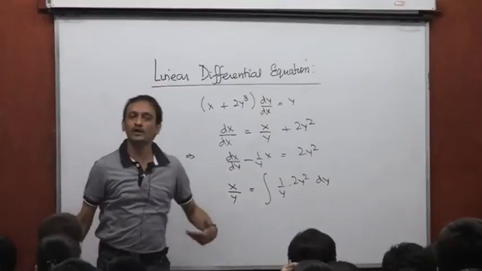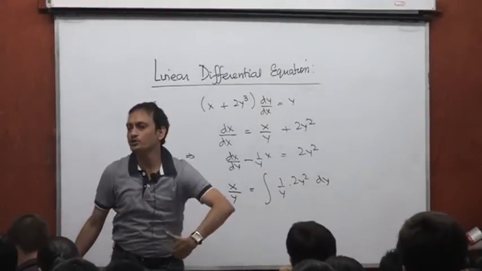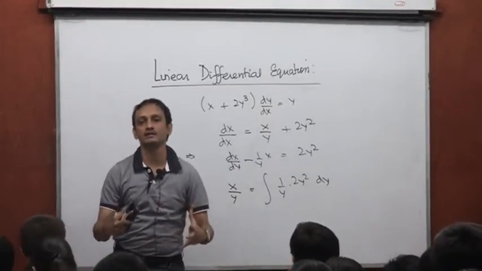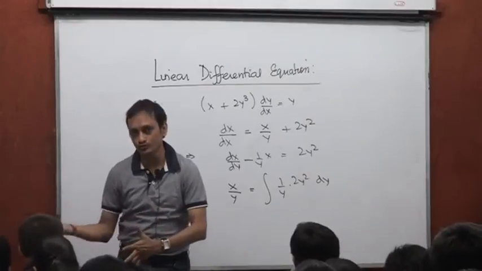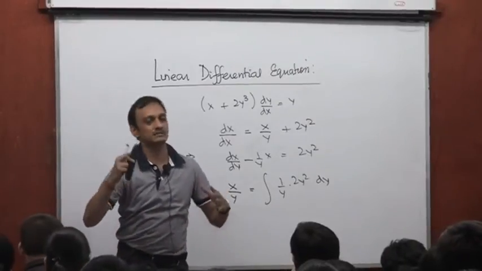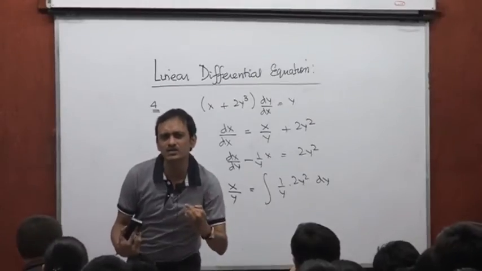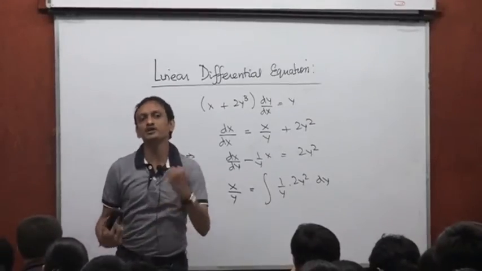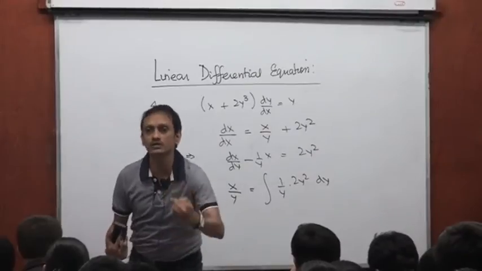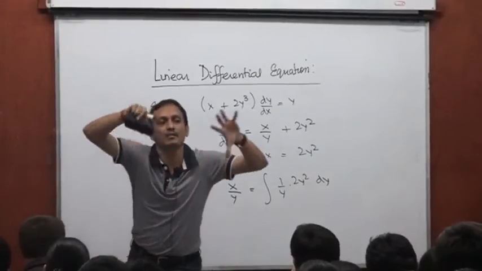Now some differential equations may not necessarily appear in the form, let's say dy dx plus py equal to q, or dx dy plus a linear in x, etc. Sometimes you may have to go one step away to convert it into that linear form. It may be a little camouflaged.